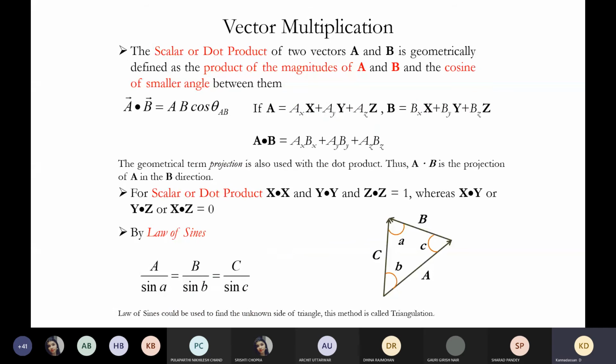Then vector multiplication. Vector multiplication is very important. For instance, once an area comes into the picture, it has its own space and its own vector. Let's say some electric field is crossing it, and I want to calculate how much of the electric field crosses over that.